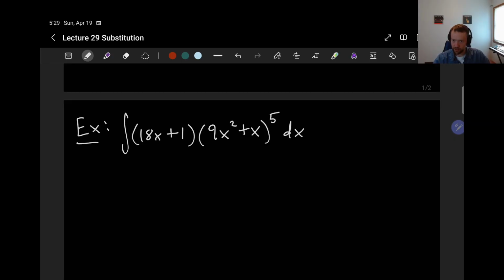So instead, this is set up really well for a u substitution. So I have this inside function, 9x squared plus x, that's inside this to the fifth power bit. So I'm going to make this substitution, call that u.